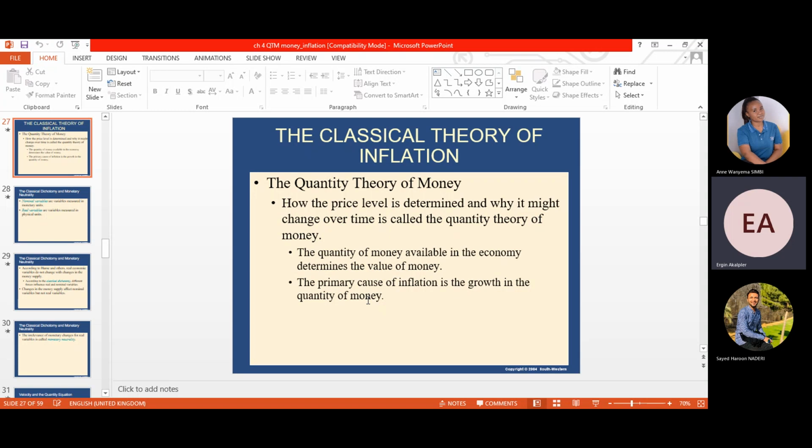Therefore, the production process becomes very important in the economy because it is also increasing and enlarging the activities in the monetary sector, in the money market, in the financial markets.